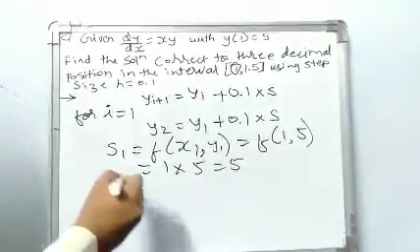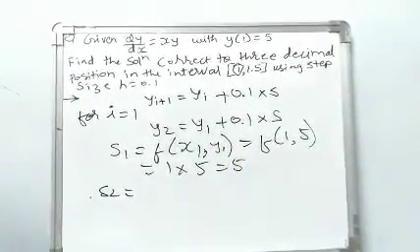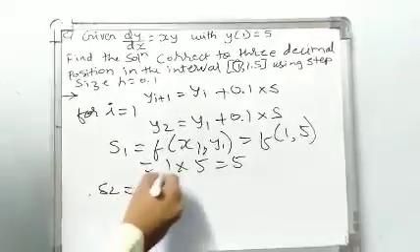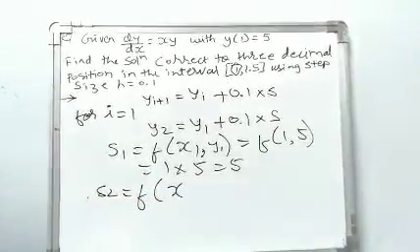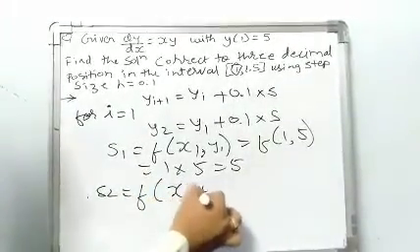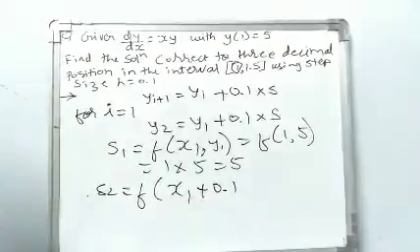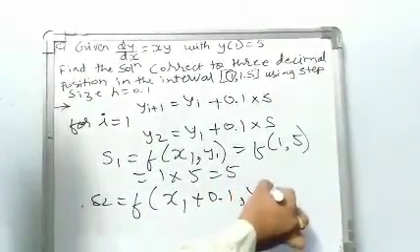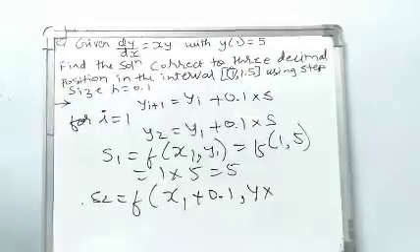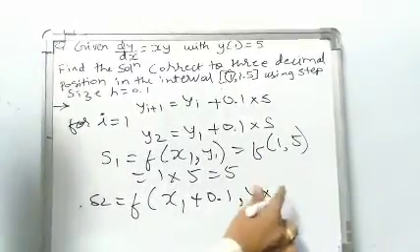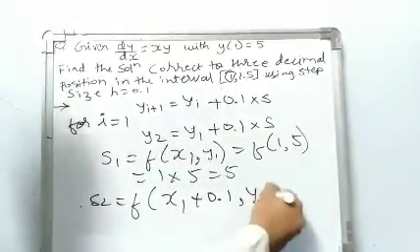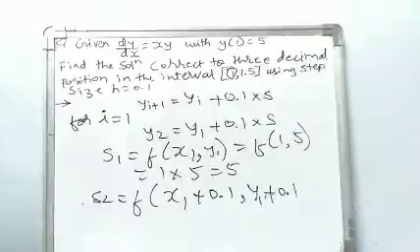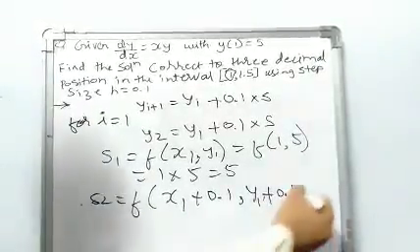s2 is equal to f of x1 plus 0.1 comma y1 plus 0.1 into s1.